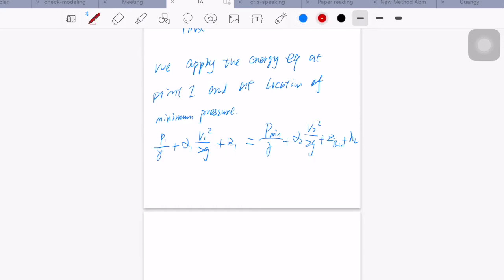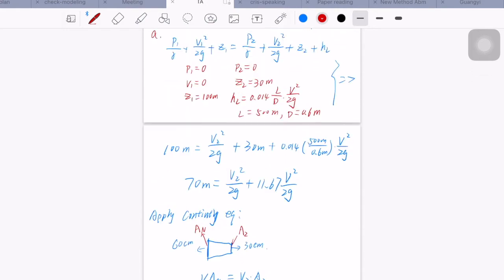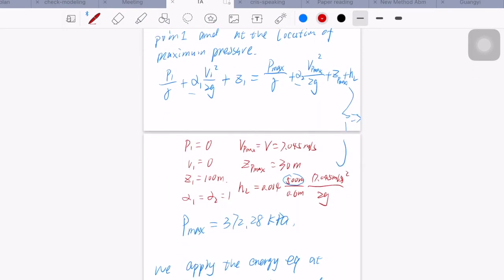And we know P1 is 0, V1 is 0, Z1 is 100 meters, and sorry, this is not V2, this is V at P min, and we know it should also be equal to V, 7.045 meters per second, and the Z at P min should be equal to, let me check, 100 meters.